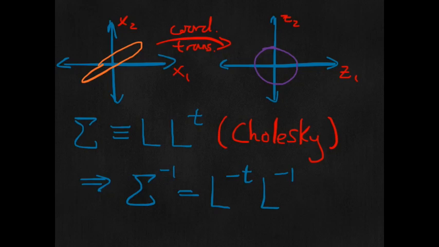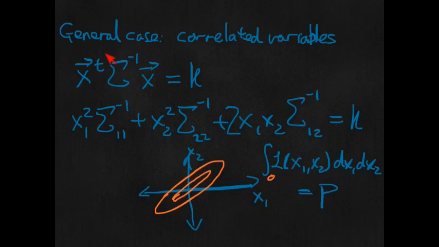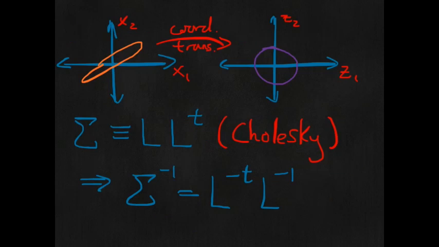So if I go back to my equation for my ellipse right here, I can rewrite this sigma in terms of my Cholesky decomposition. What I end up with is constant is equal to X transpose L inverse transpose L inverse X. Okay.